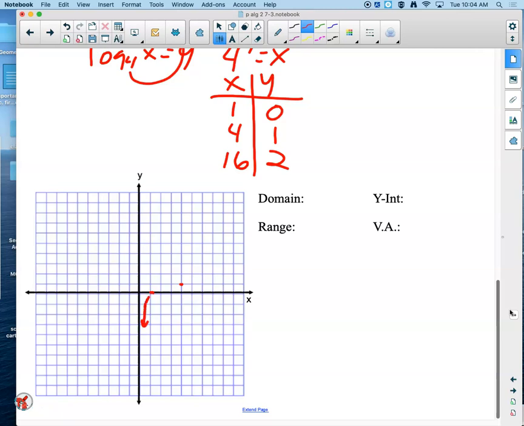But here's the key. We have to know that's not going to cross. Not going to cross that y-axis. Why not? What's the y-axis now?